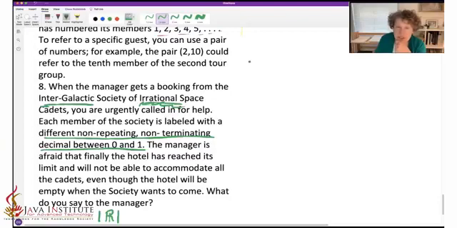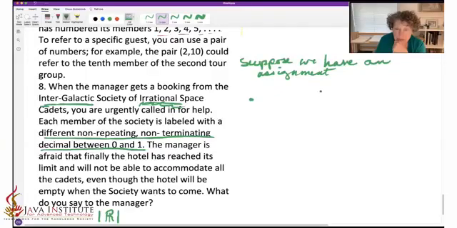So what we do is we suppose we have an assignment. So the tour group comes and they say, well, here's our list. And they're irrational. They don't repeat and they don't terminate. So I can't do much here. I can just suppose I have something.